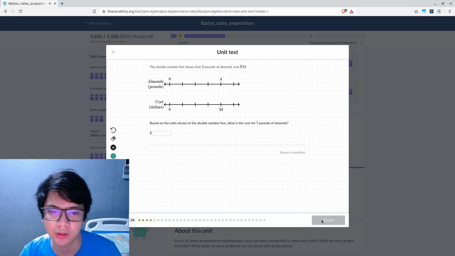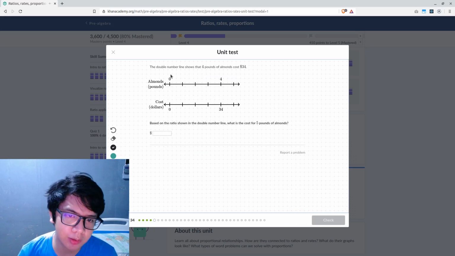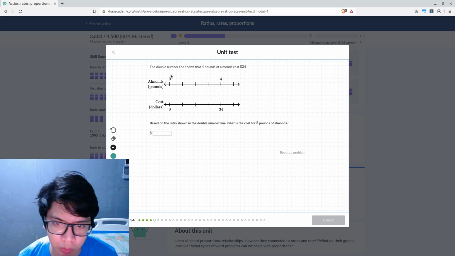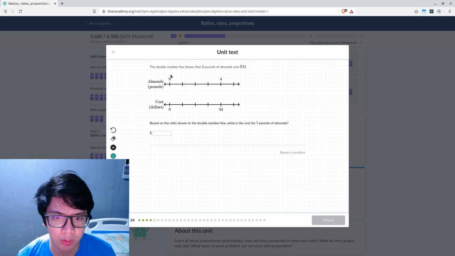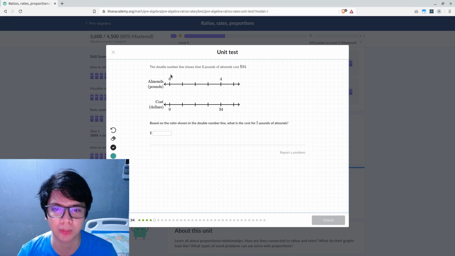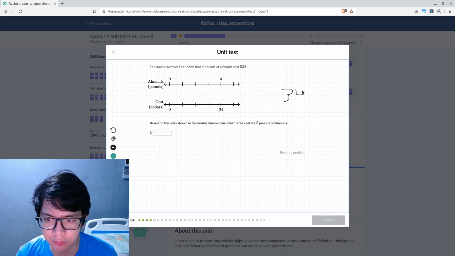Cool. God damn it. The double number line shows that 4 pounds of almonds cost $34. Based on the ratio, what is the cost for 5 pounds of almonds? Okay, sure. So, let's see. If we divide 34 by 4, so we get 8 and 32.